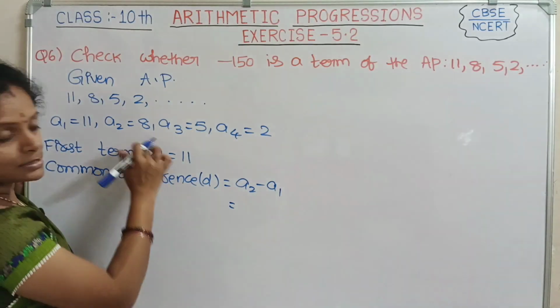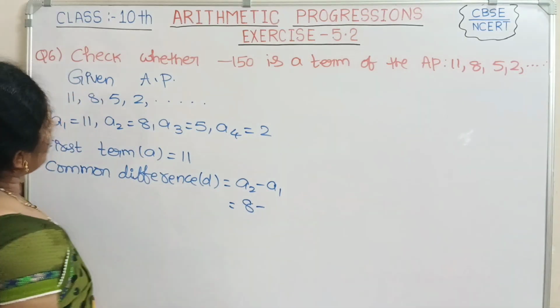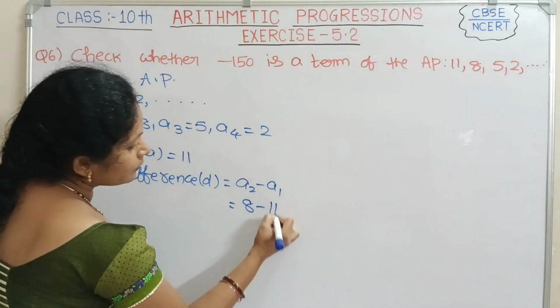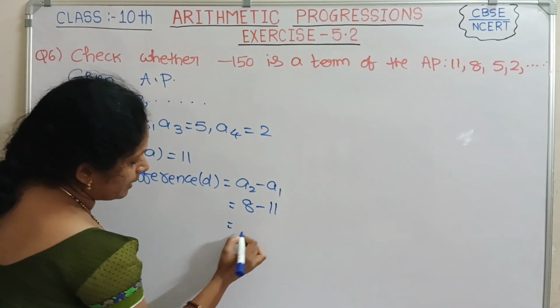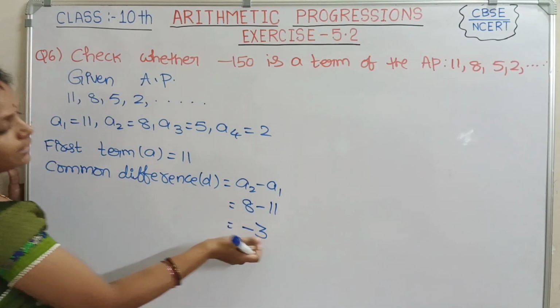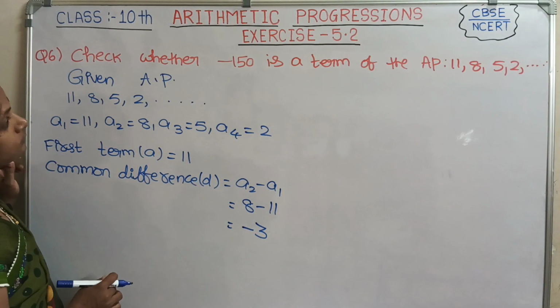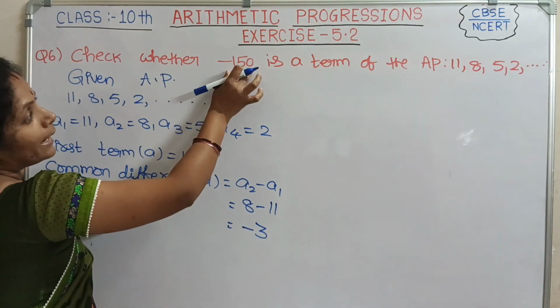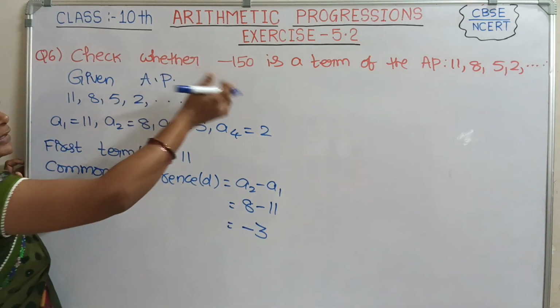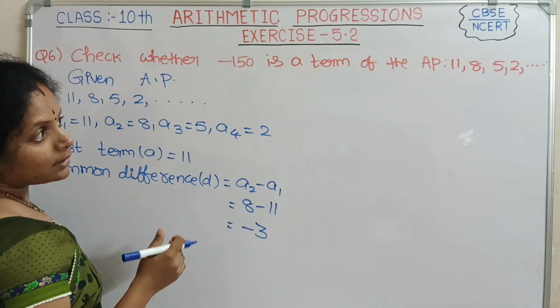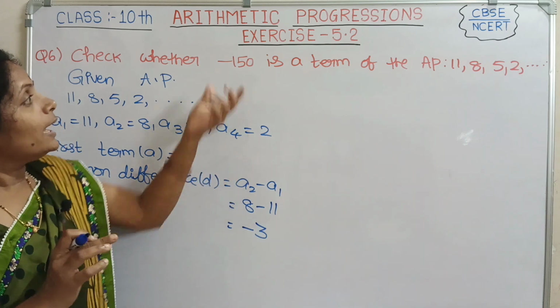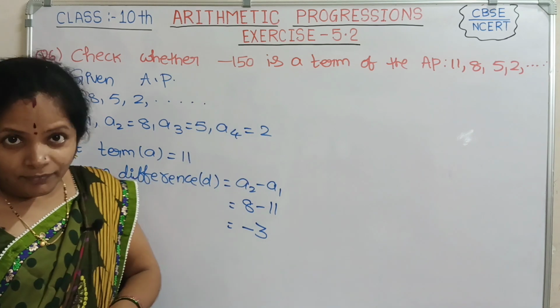A2 is 8, A1 is 11. 8 minus 11 is minus 3. D equals minus 3, we got. Here minus 150, whether it belongs to this AP or not, means An is equal to minus 150 we have to take.